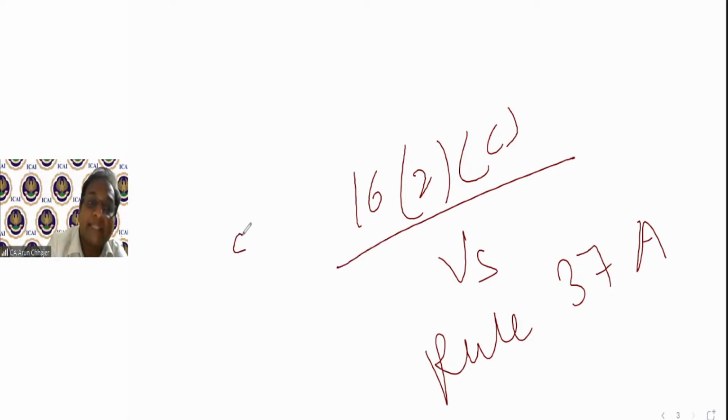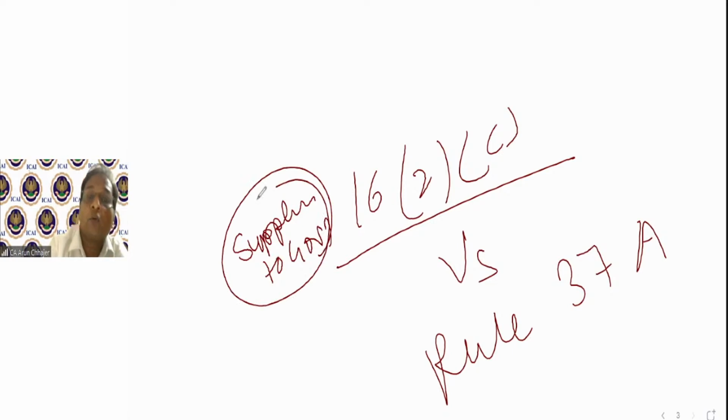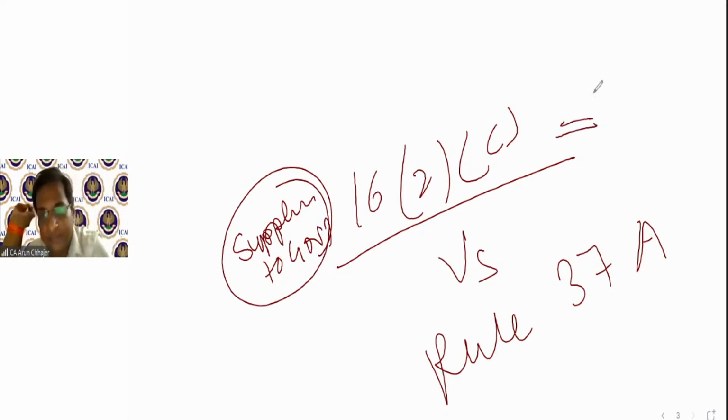Under 16(2)(c), if the supplier does not make the payment to the government, ITC will not be available. But there is no communication about it. Point number 1: as of now, you are not able to understand. Now I am talking practically, not academically or theoretically.